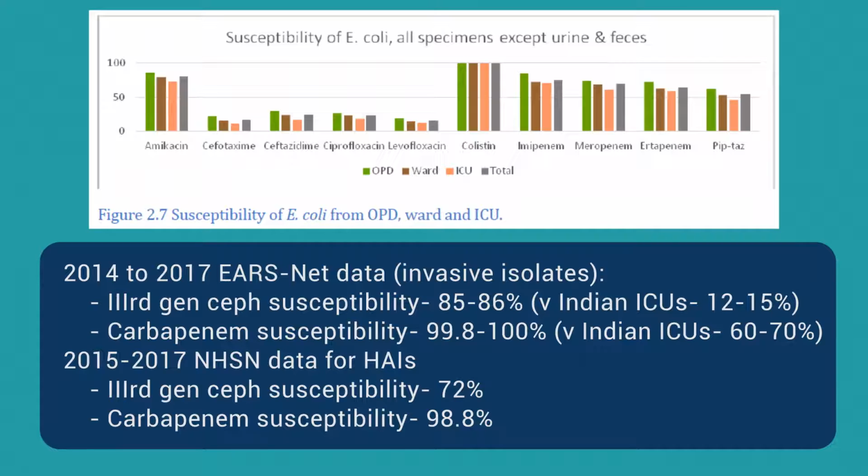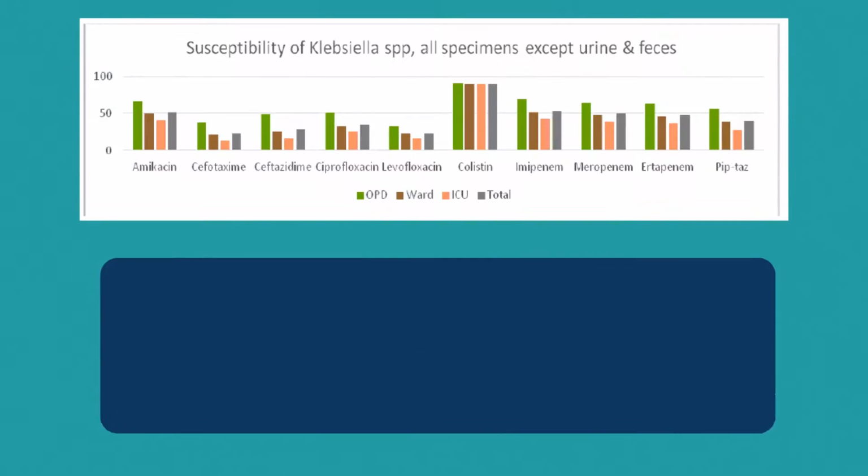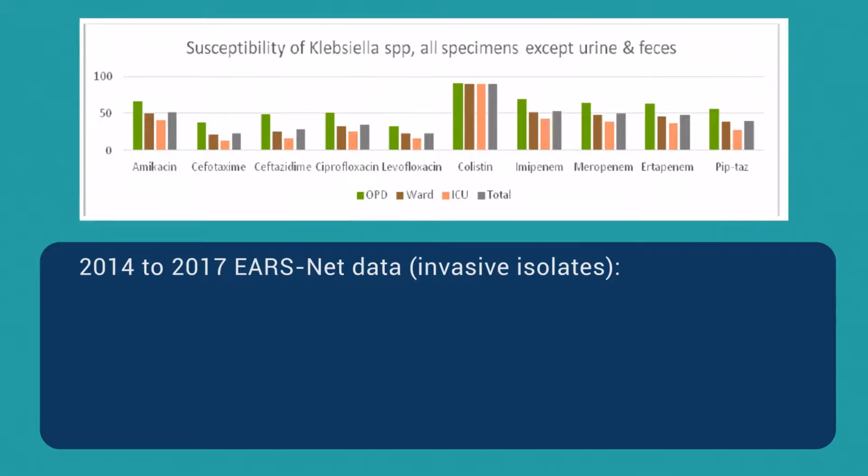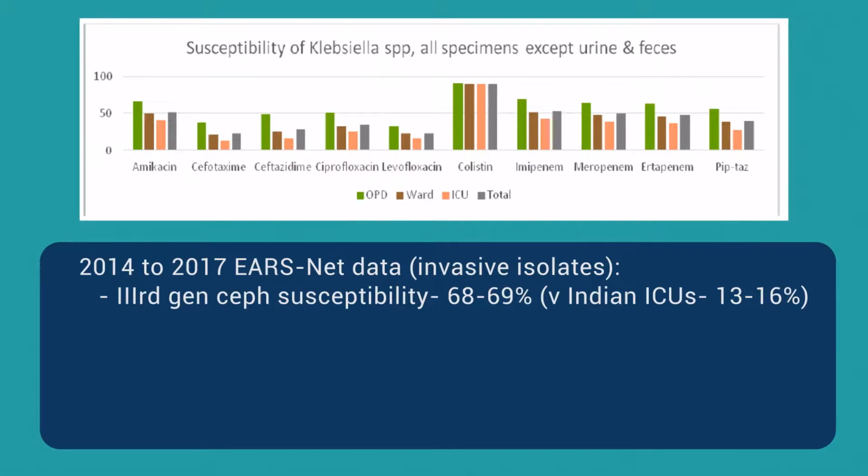Similarly, if you look at the US data, their third generation cephalosporin susceptibility for E. coli is 72% and carbapenem susceptibility is 98%. Taking another example of Klebsiella species, our Indian third generation cephalosporin susceptibility in the ICUs has gone down to as low as 13 to 16%, whereas that of the European nations is still 68 to 69%.